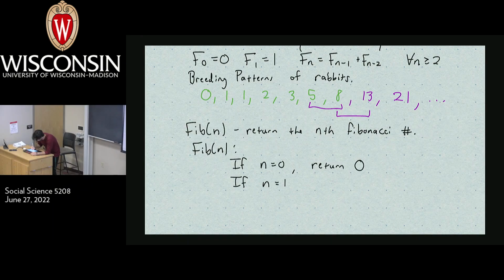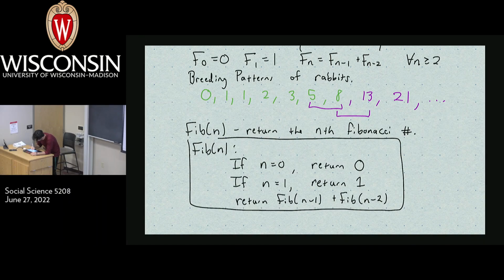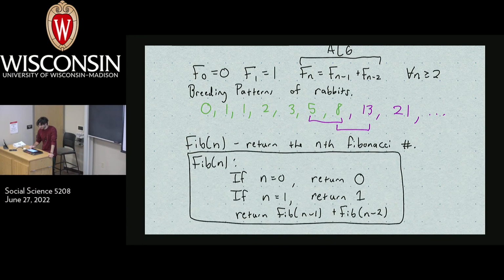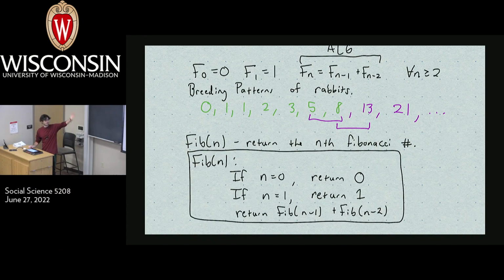If n equals 1, return 1. Otherwise, return fib of n minus 1 plus fib of n minus 2. And that's basically the entire pseudocode. Now, correctness: we literally took the formula and plugged it into an algorithm, so I think that's obvious.